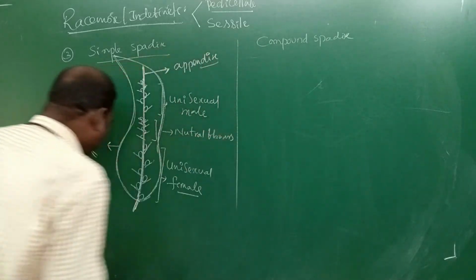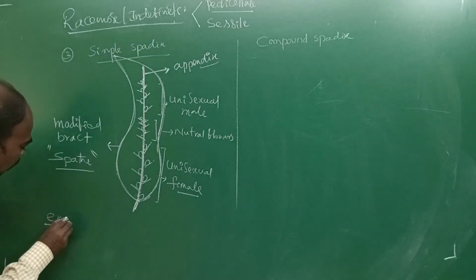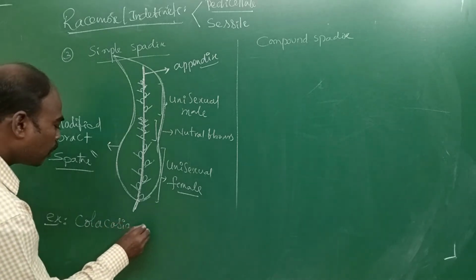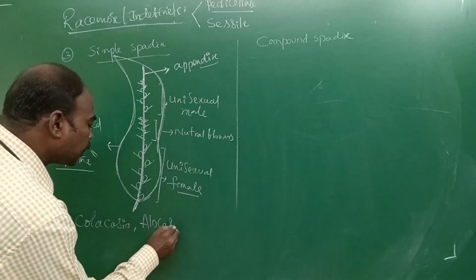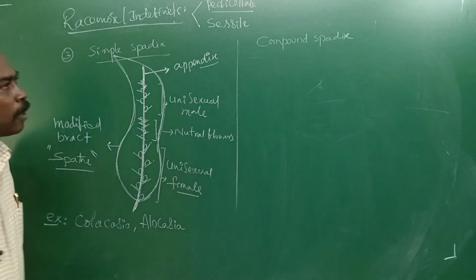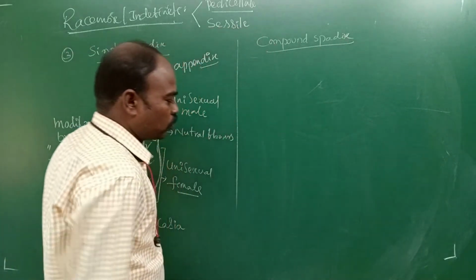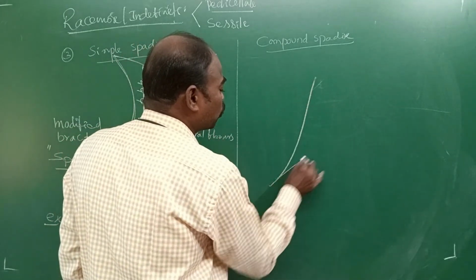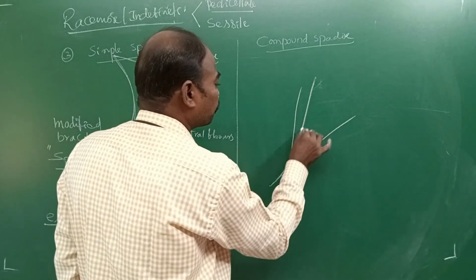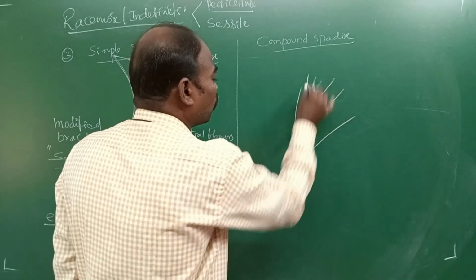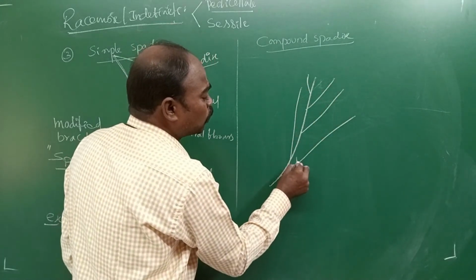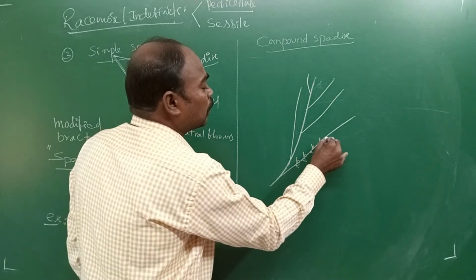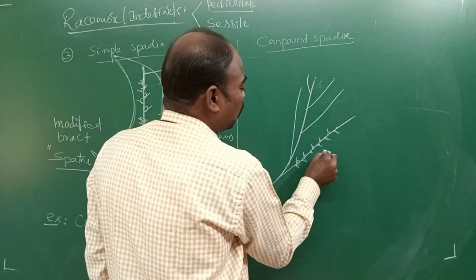It is found in members like colocasia, alocasia, etc. What is compound spadix? Here you see the peduncle gets branched. Each branch produces a simple spadix.